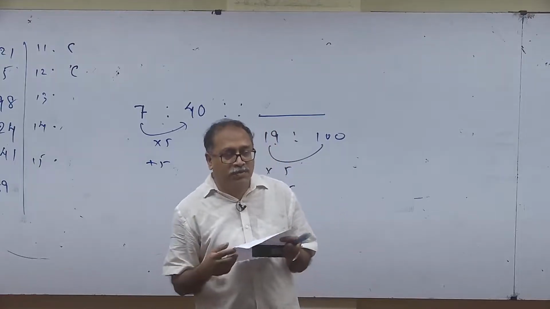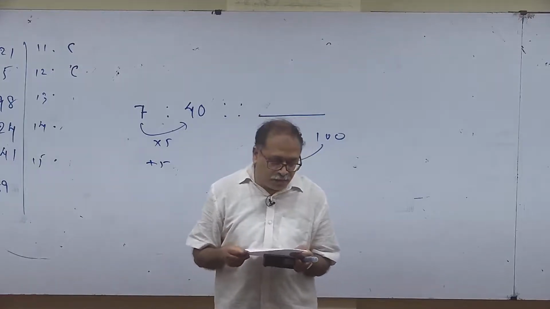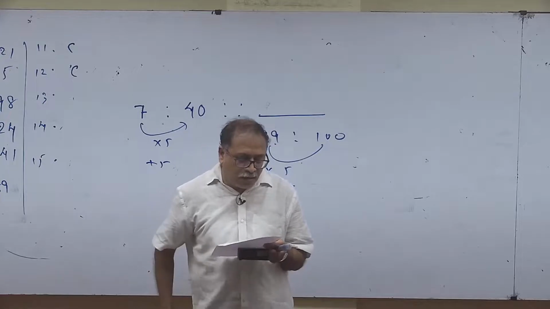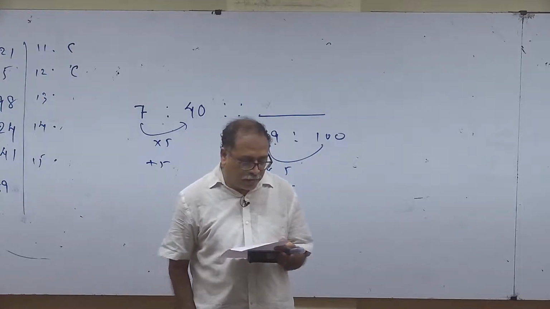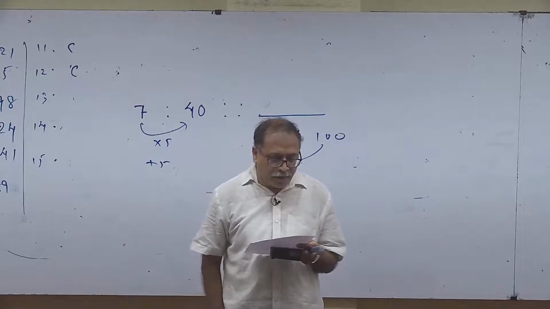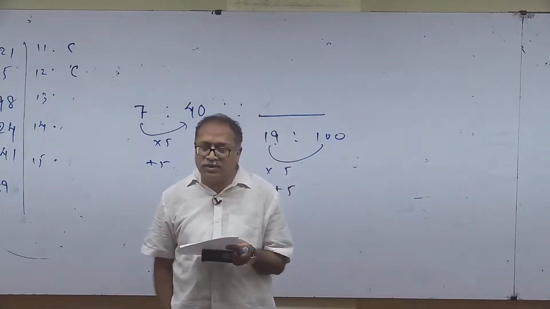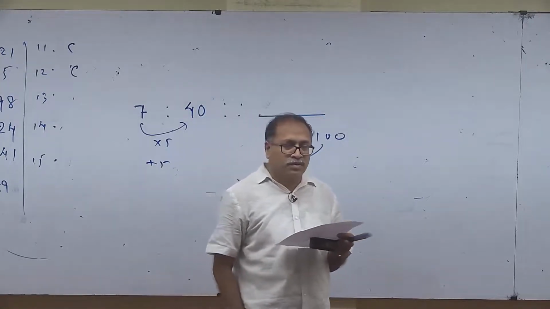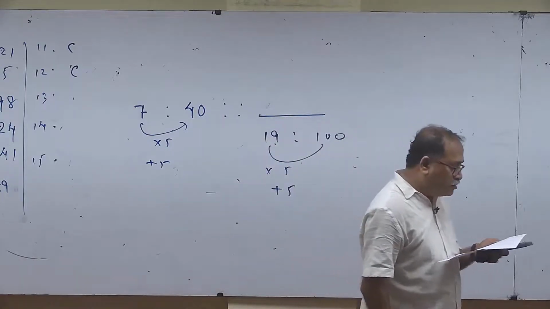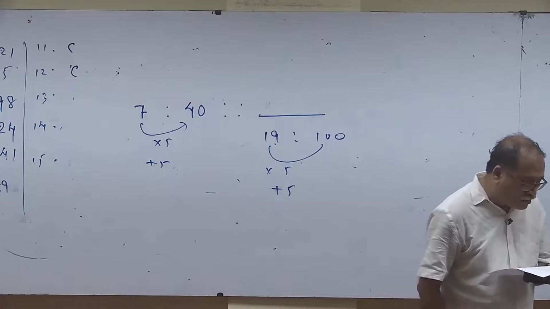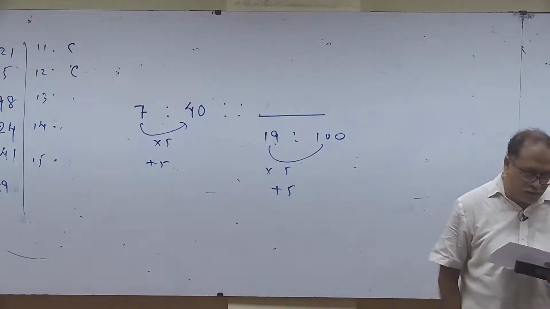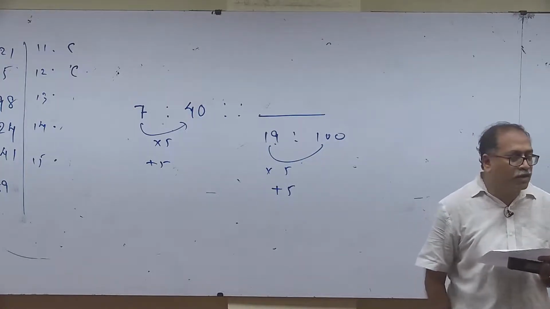Some of the words we may not be knowing, so take care of that. Warm, cold. So I am understanding that the first one is antonyms, right? So benevolent, what's the meaning of it?